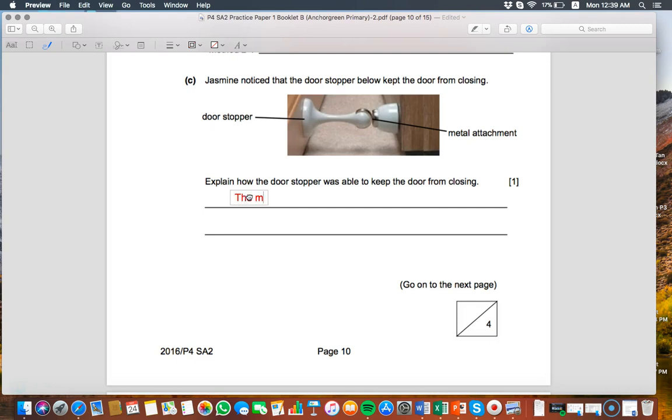So we say the magnet on the door stopper attracts the metal attachment on the door.